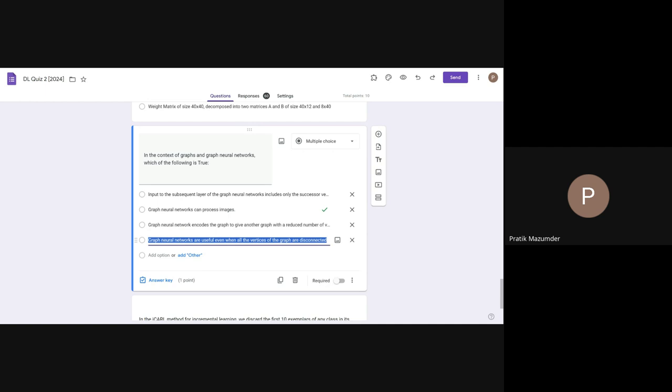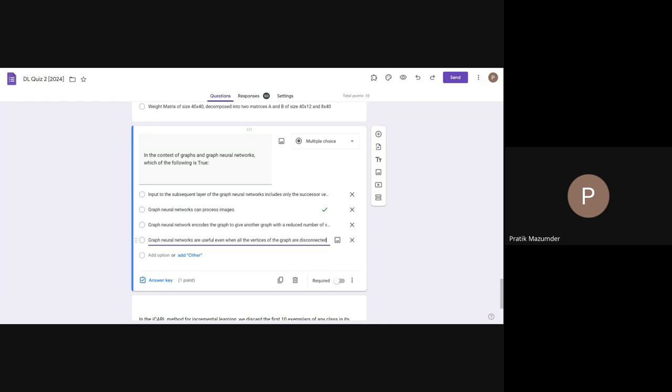The next point was that graph neural networks are useful when all the vertices of the graphs are disconnected. The whole point of using a graph neural network was so that you can utilize your neighborhood information and accumulate it when you create a new layer. You're accumulating all the neighborhood information as well as updating using the previous features of that particular node.